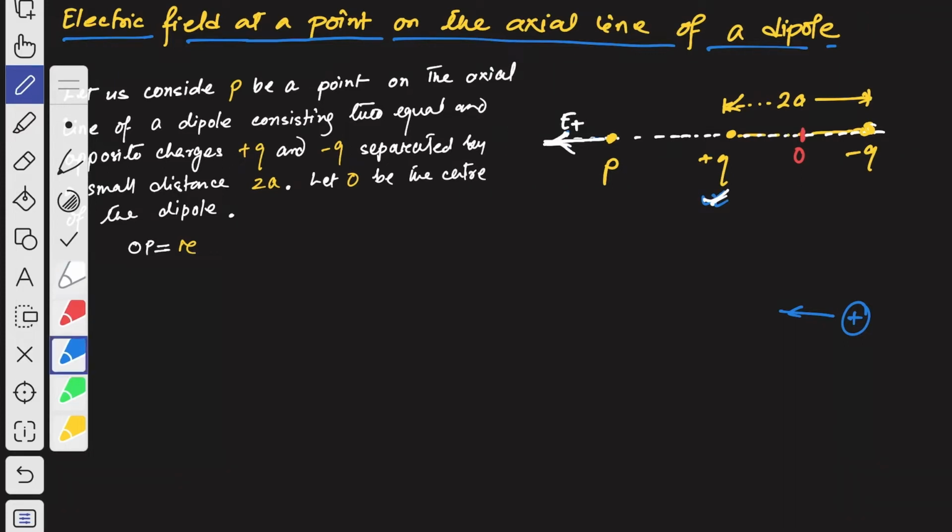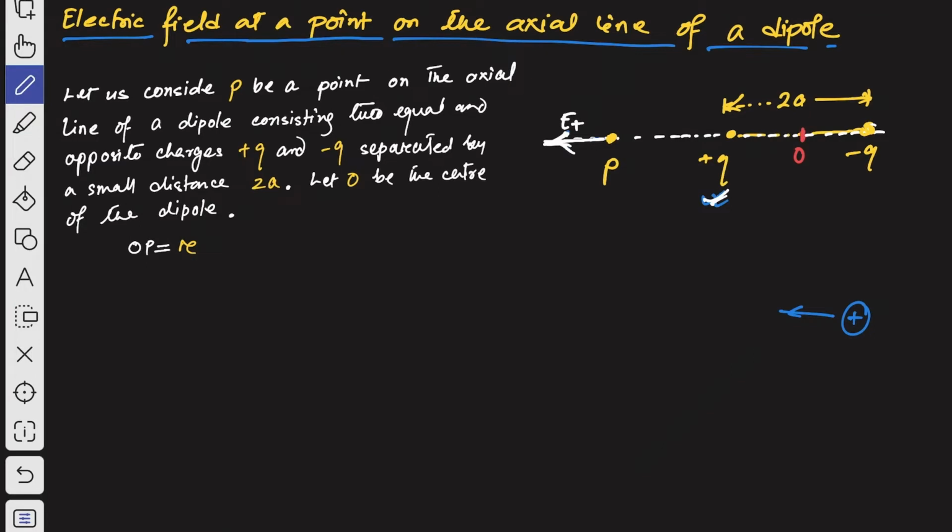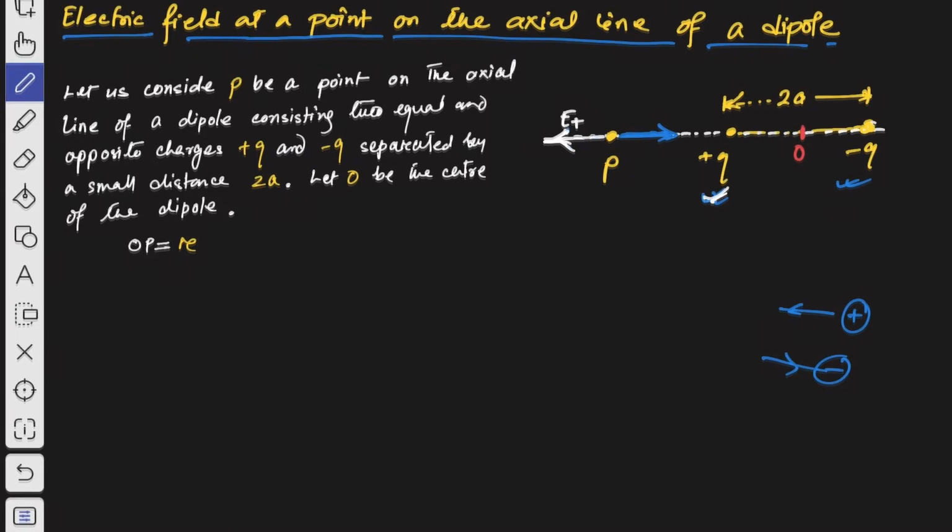Now let us represent the electric field at point P due to the negative q charge. That should be going into the negative charge, because the field due to a negative charge is radially inward.